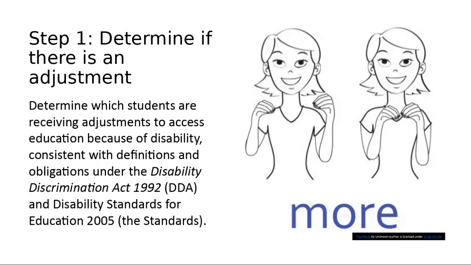So let's have a look first at step 1. I'll just let you read that. Really, first and foremost, the question is just, is there any adjustment? Are you making any adjustment for any students?